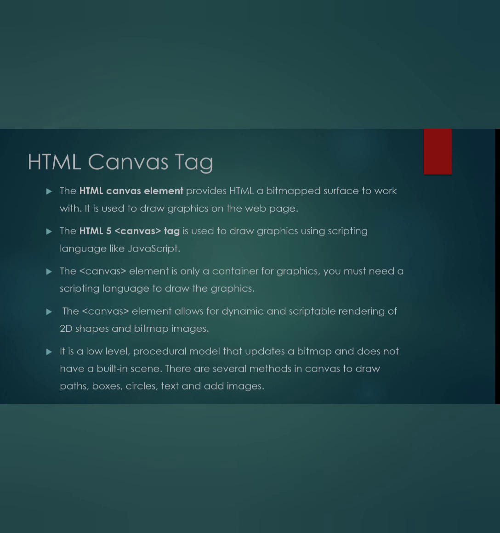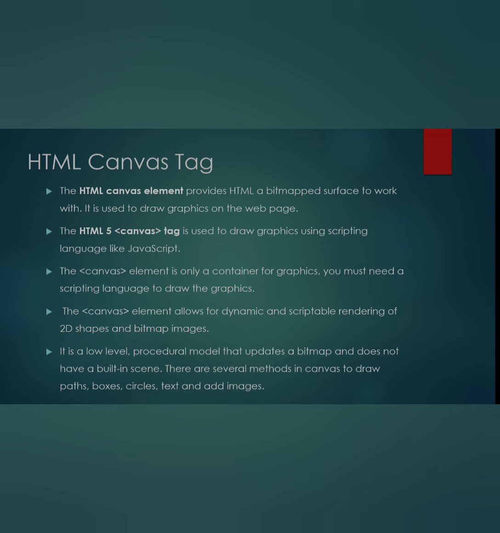HTML canvas tag. The HTML canvas element provides a bitmap surface to work with. It is used to draw graphics on the web page. It is used to draw the graphics using a scripting language like JavaScript. The canvas element is only a container for graphics, so you must use a scripting language to draw the graphics.